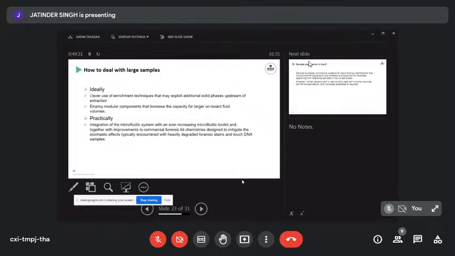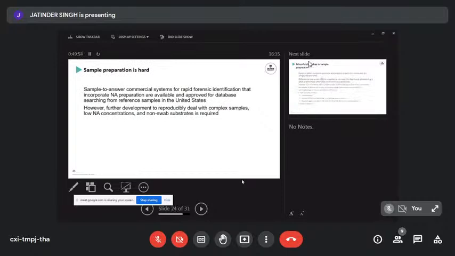Practically, it will probably be a 2-step process, where the sample processing is done on a much larger scale than the DNA extraction, separation, amplification, and analysis.